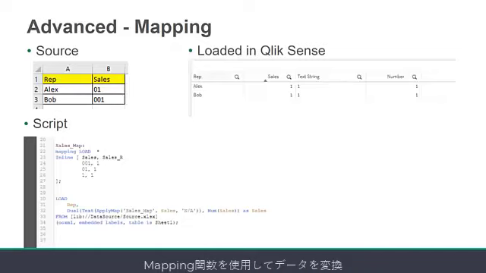Here is an example. Imagine there's a data source, which is a spreadsheet. It contains rep and sales, and Alex has sales 01 and Bob has sales 001. No matter if it's 01 or 001, we want to display it as 1.